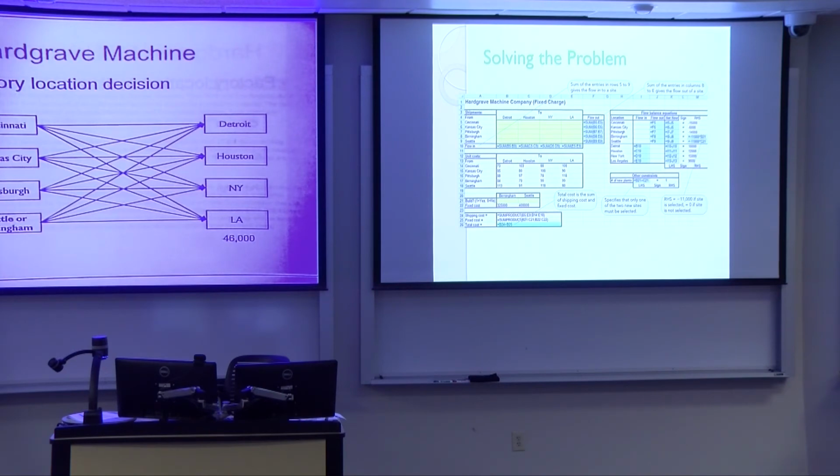You have a flow balance equation for each location, meaning for each plant and each warehouse. Here this is regular, right? Basically for Cincinnati, Kansas City, and Pittsburgh, it's just the minus of the supply of each plant. However, for Birmingham and Seattle, you have to be very careful. The right-hand side has this negative 11,000. So again, where did the 11,000 come from?